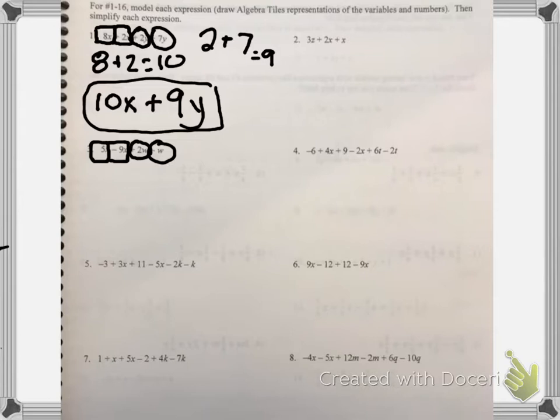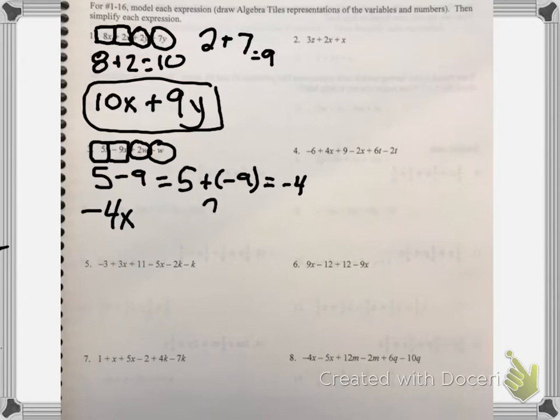So then I take the numbers in front. So I have 5 minus 9, which, if you remember, is the same as 5 plus negative 9, which is negative 4. So the coefficient, or number in front of the x, is negative 4. The w's, I'm going to do the same thing. I have positive 2 minus, oh, there's no number.